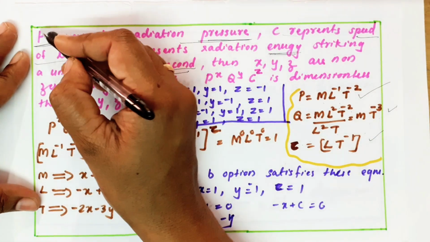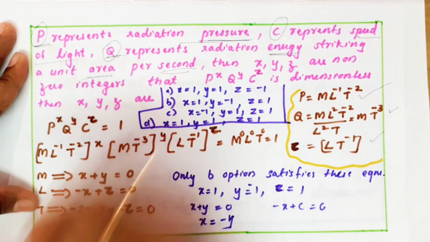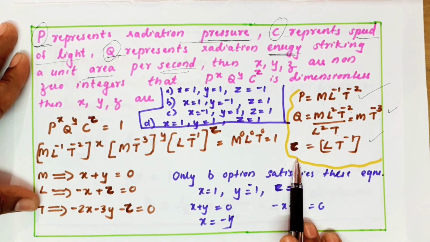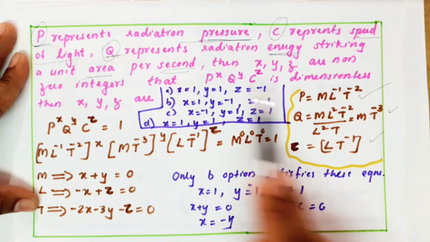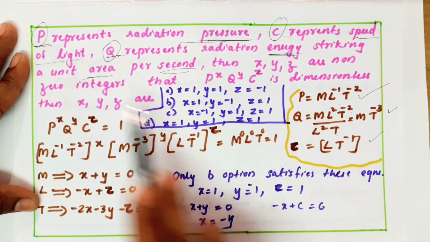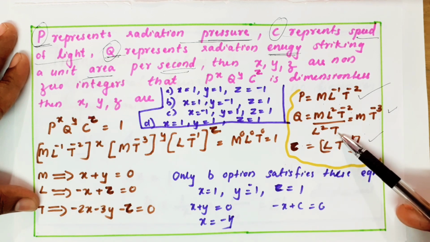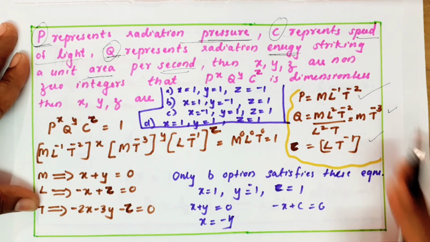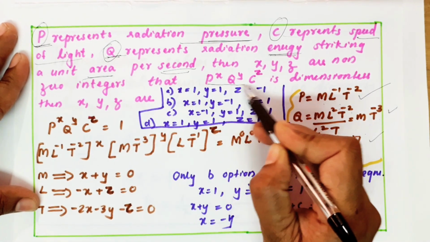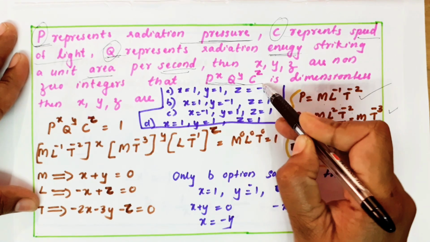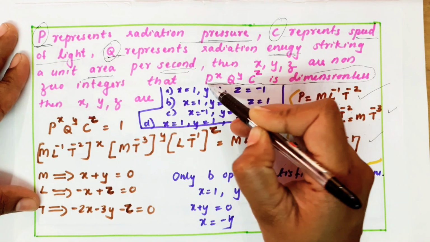Here the trick is pressure they gave, C they gave, Q they gave. So I have written all 3 at the side first. Pressure is ML minus 1 T minus 2, C is LT minus 1, Q is energy by area by time, I did. After that, the next step is they gave in the question P power X, Q power Y, C power Z are dimensionless. These are dimensionless, they told.